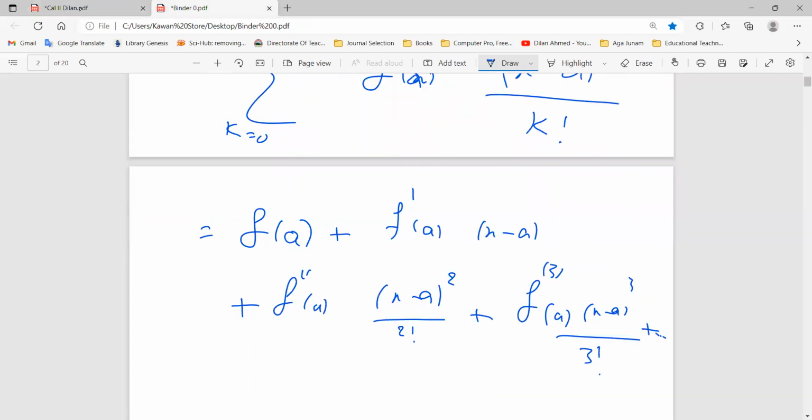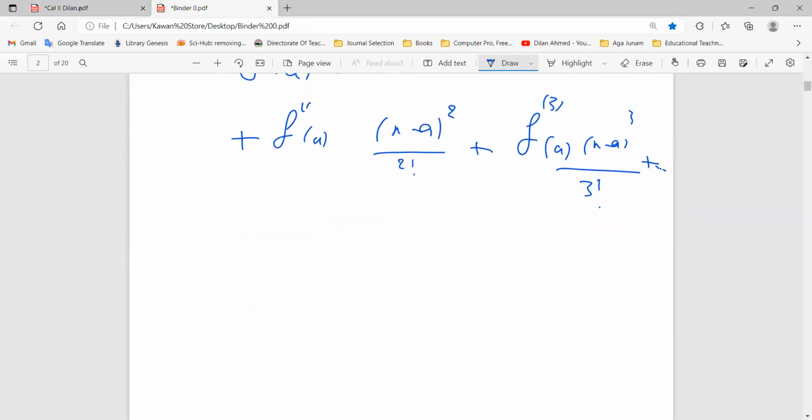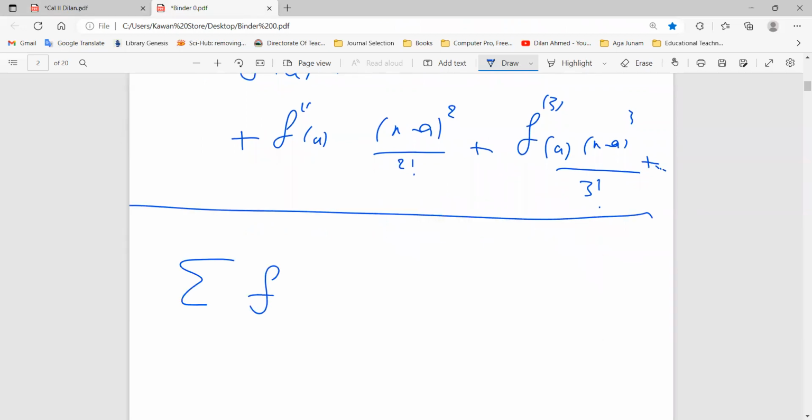How about the Maclaurin formula? The Maclaurin is the same. Instead of a, we have 0. So instead of (x minus a) to power k, the remaining part is x to power k over k factorial.